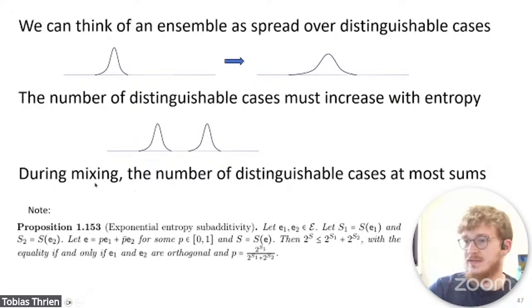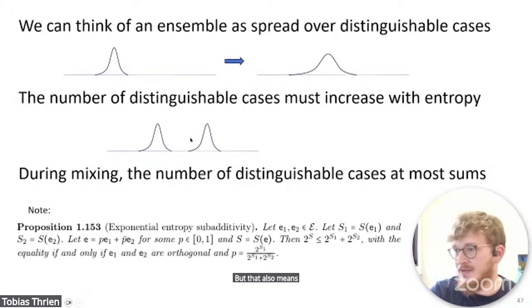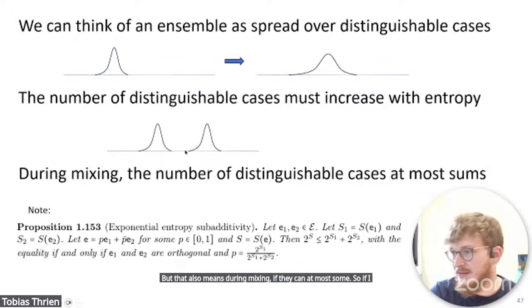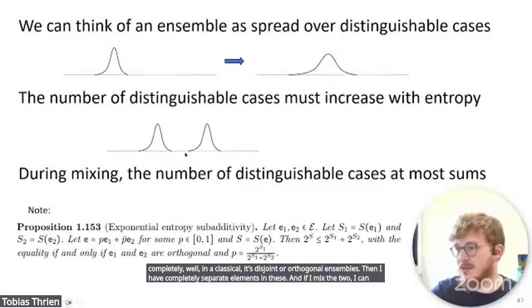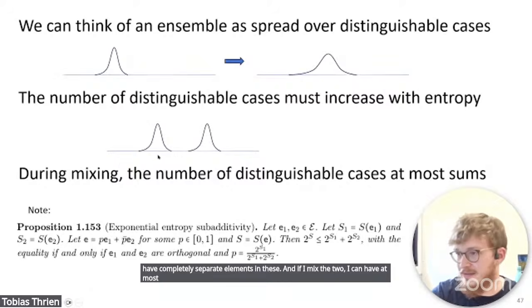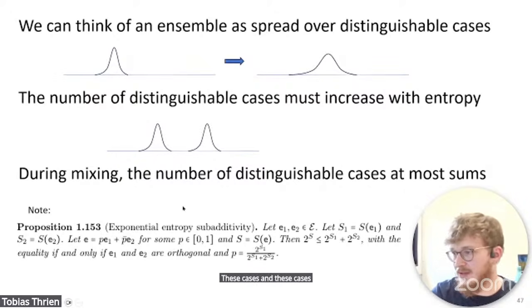But that also means during mixing, they can at most sum. So if I have completely, well, in a classical case, disjoint or orthogonal ensembles, then I have completely separate elements in these, and if I mix the two, I can have at most these cases and these cases, but not more than that.